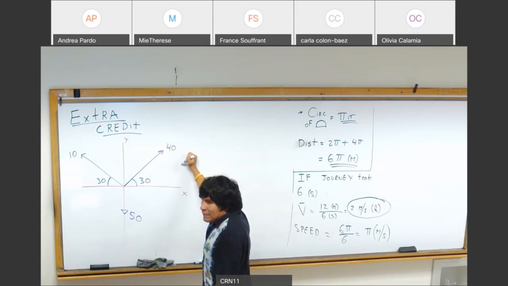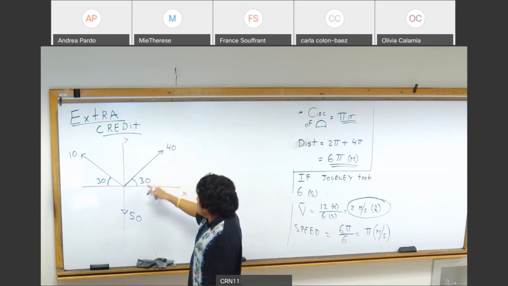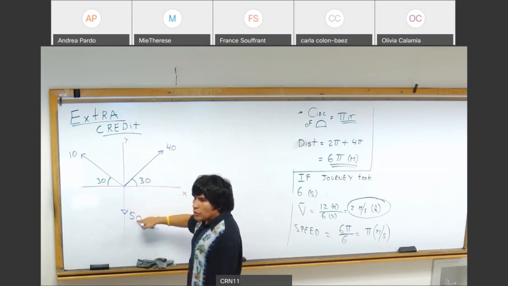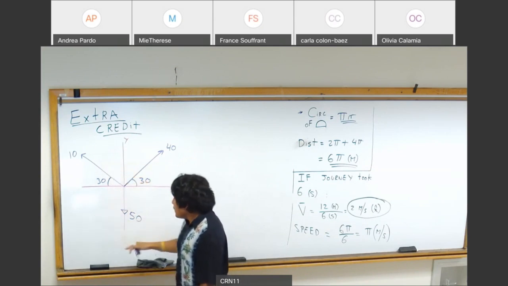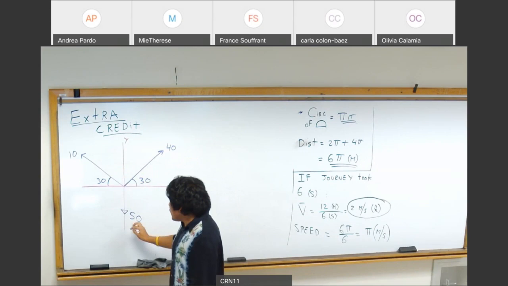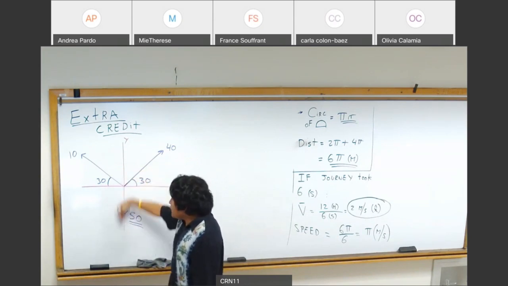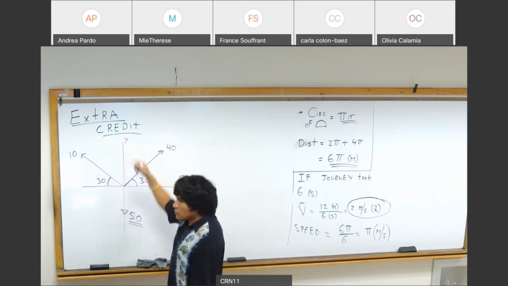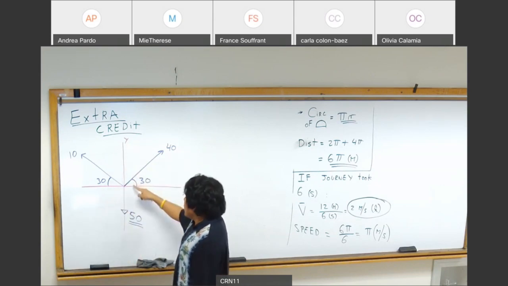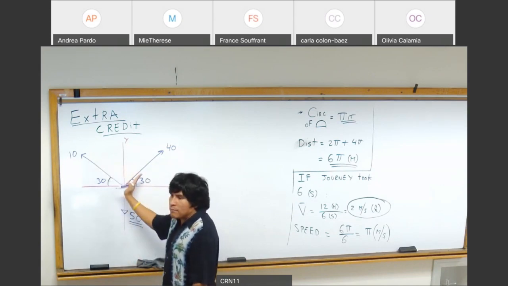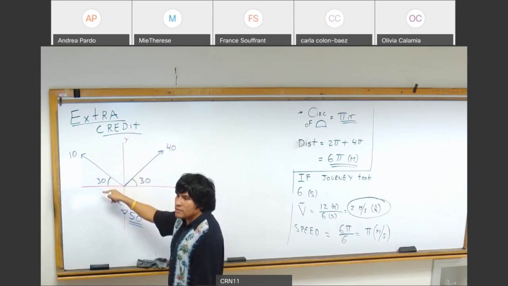When they ask you something like this, you have to know you're given the angles, and you look at the magnitude of the vectors, 50, 40, 10. 50, you don't have to worry about in terms of breaking into components. 50 is already in the y-axis, so that's good. But these two other vectors are making angles with the x-axis.